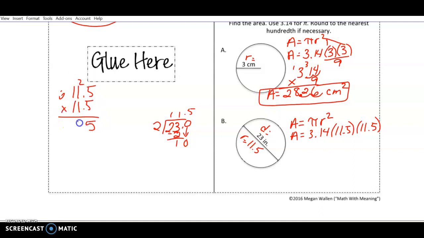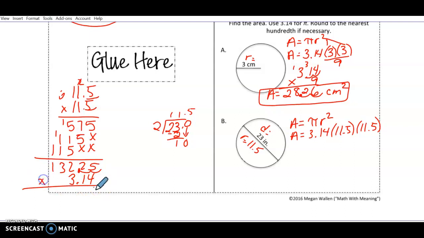Don't forget your placeholder, and you need to be very cautious when you do this. 5, 1, 1, 2 placeholders. 5, 1, 1, 12, 12, 3, and 1, 1, 2, 1, 2. But I still need to do that times 3.14.